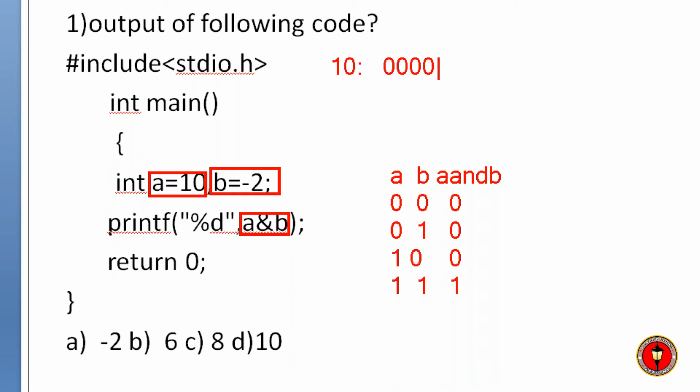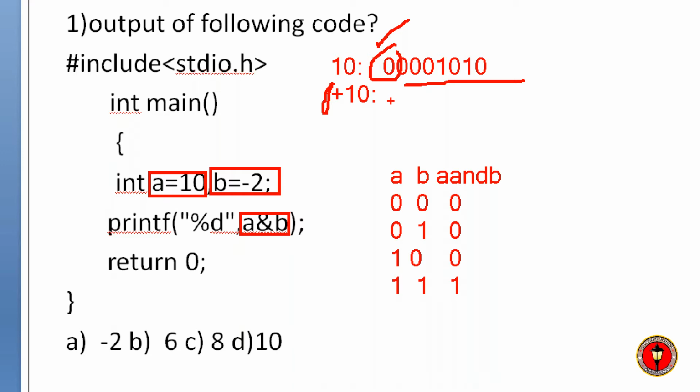So it will become 0000 1010. For a positive number, the MSB bit is 0, which is the positive sign, and the remaining bits are the magnitude. If it is negative, the MSB bit will be 1. For 10 there are no issues.